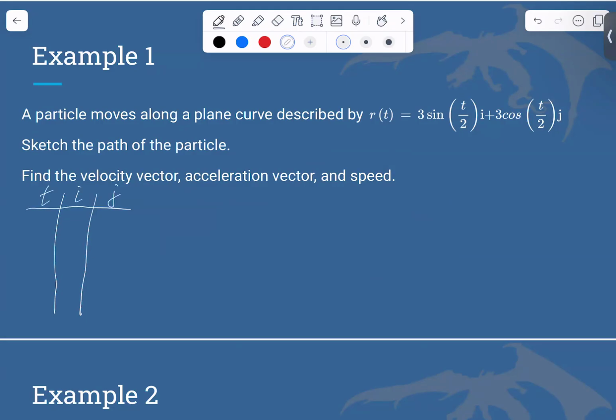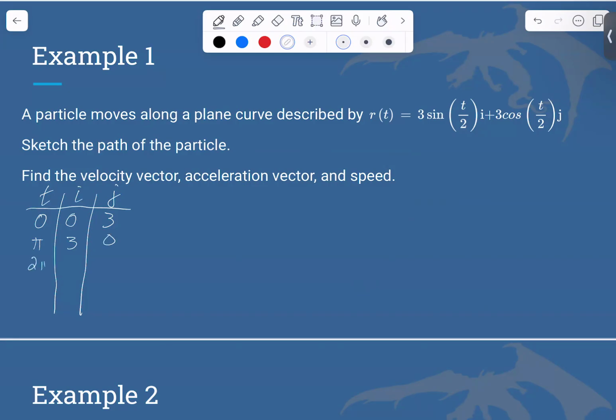Let's make it easy. For 0, the i component, since it's sine, is going to be 0, and the j component is going to be 3. Since I have t divided by 2, I'll use pi for my next piece. If I have pi, that means it's really pi divided by 2. Sine of pi over 2 ends up being 1, times 3 gives 3. For your cosine or j component, it's going to be 0.